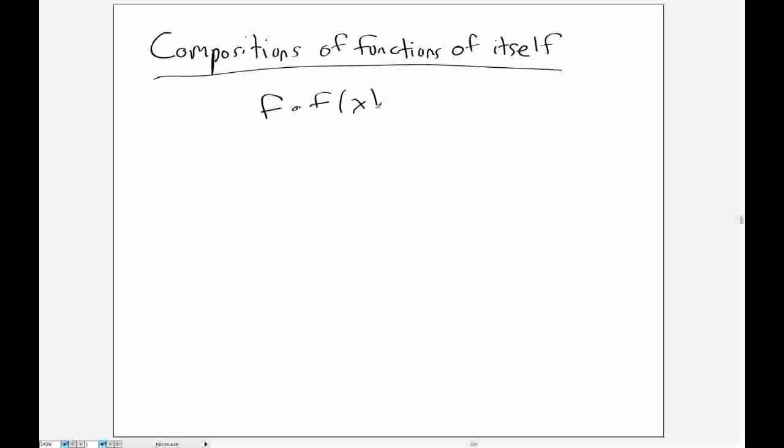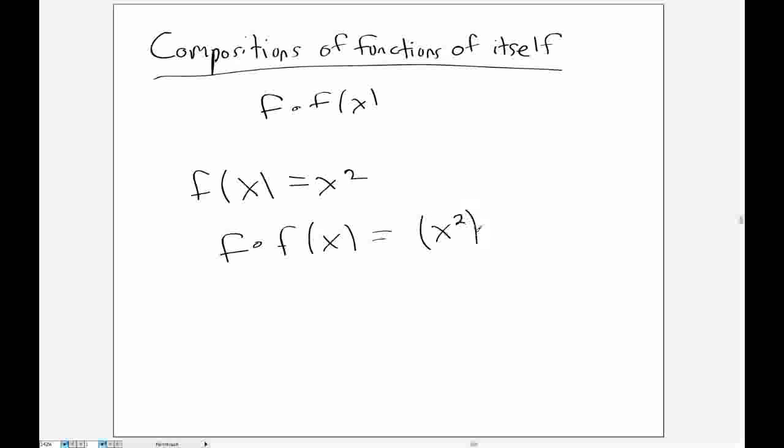We'll leave that to you guys to figure out for yourself, but as a simple example, assume that f is a function that maps from real to real that is defined as x squared. So then f of f of x is just going to be x squared squared, which would be x to the 4th.